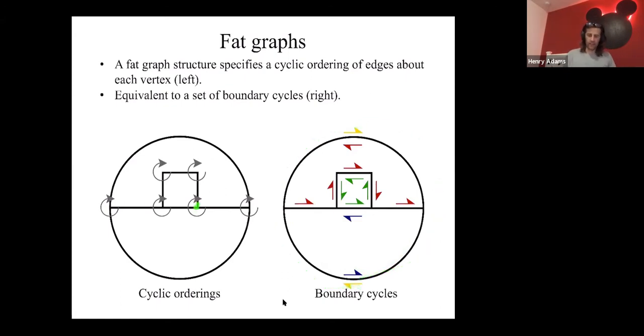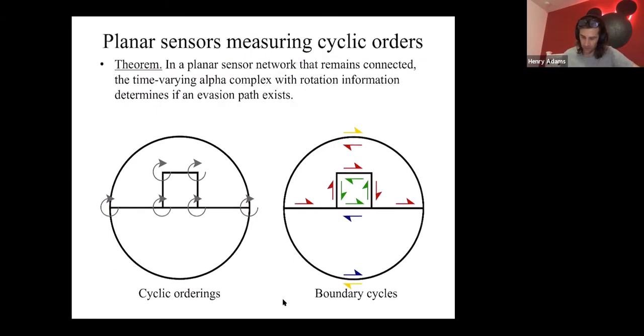So this cyclic order information is something that the sensors can measure, and it gives us this nice global information of what are the directed edges in these various boundary cycles, which we care about because these boundary cycles correspond to holes where intruders might be living. So we'll be able to track holes as time changes.